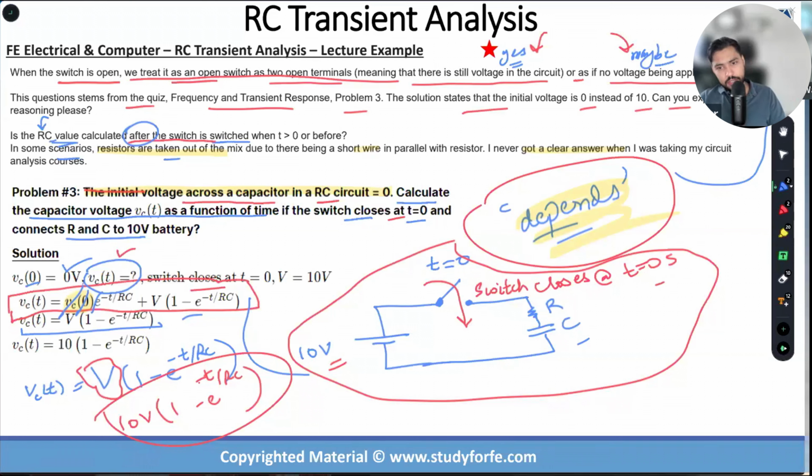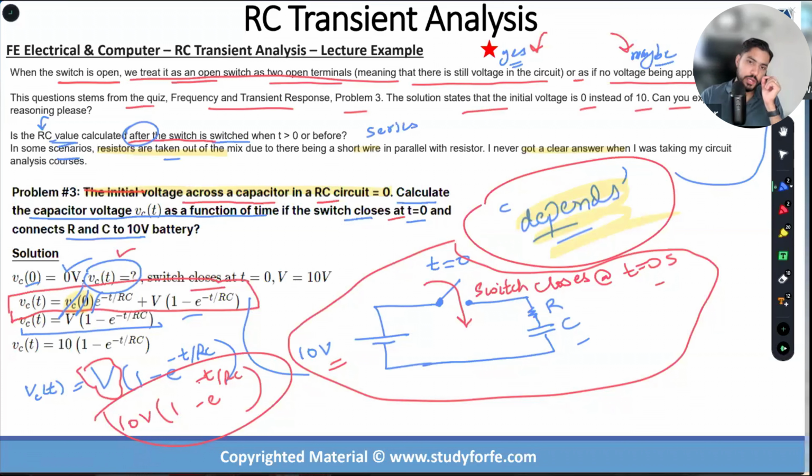Before the switch was closed, you could have had maybe some other resistor connected. When this switch was closed, maybe that resistor got shorted. Essentially, it is in that steady state when the switching has happened, whatever is left in series.